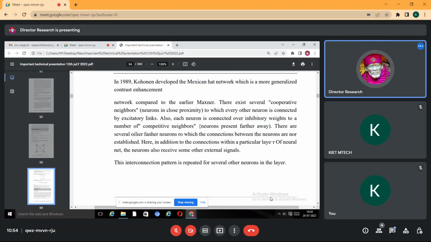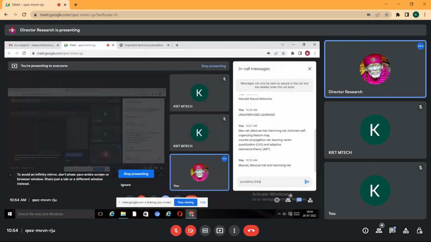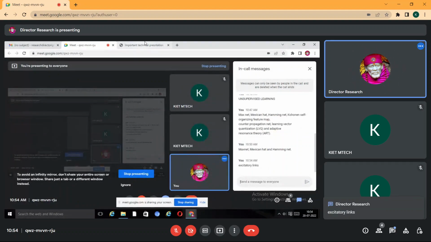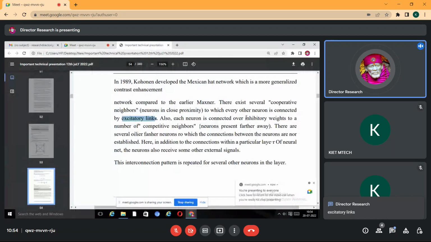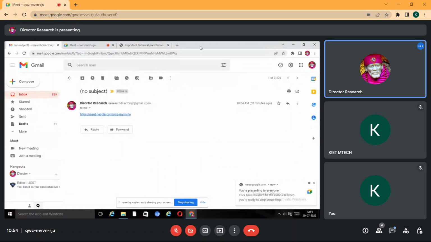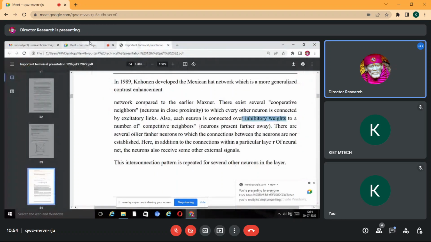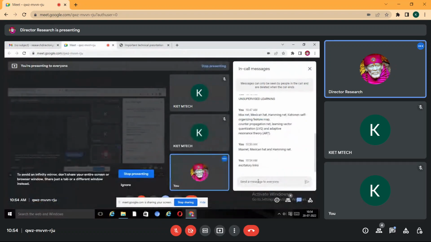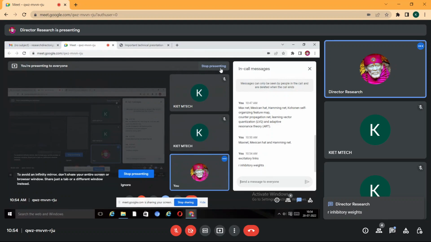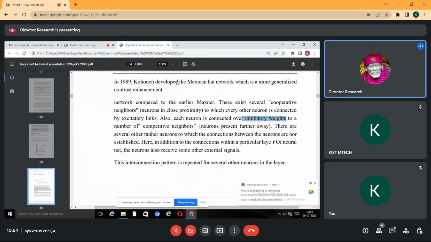Also, each neuron is connected over inhibitory weights to a number of competitive neighbors, neurons present further away. These are the technical words: excitatory links, inhibitory weights.